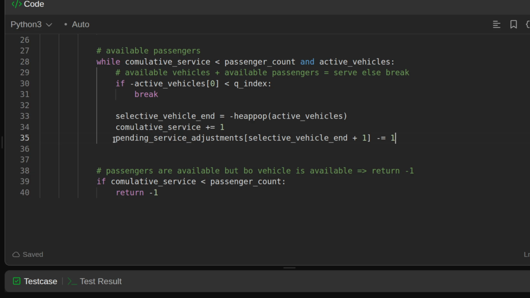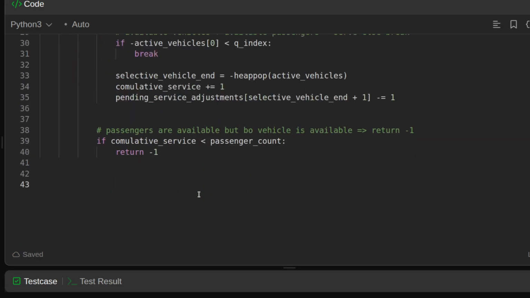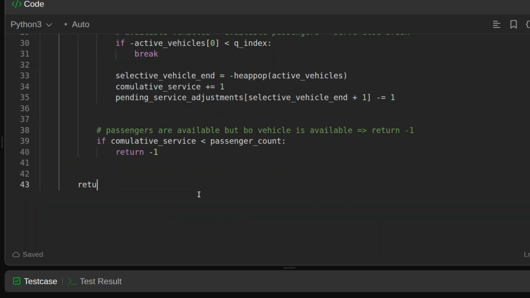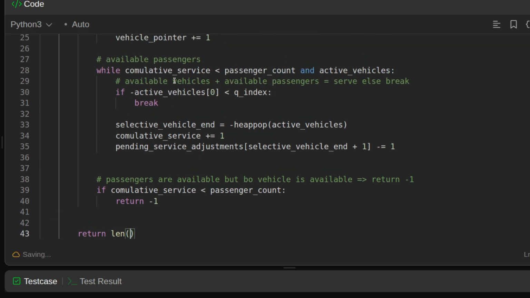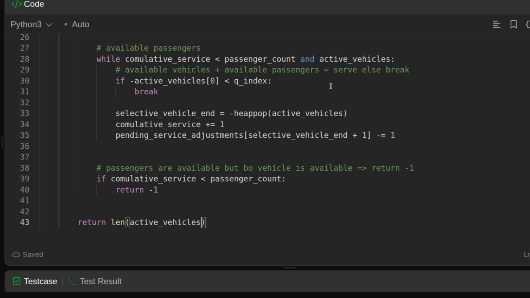Once this is done, all things are done, whatever is left in the active vehicles, I need to return it, right? Active vehicles that were there in the Rapido, that were active but unused, right?